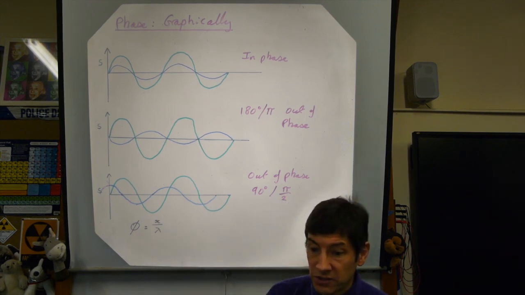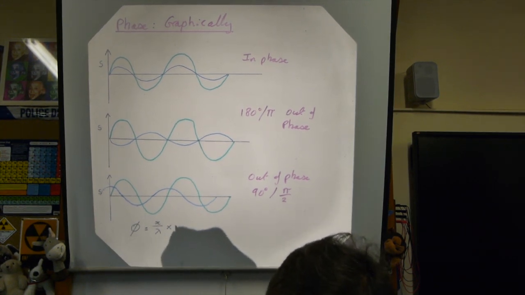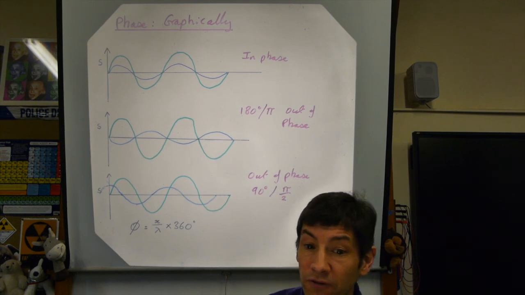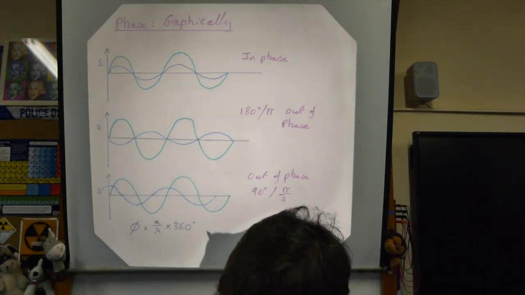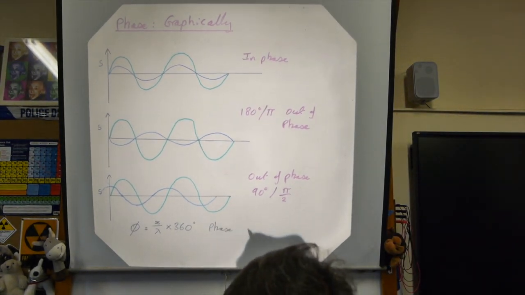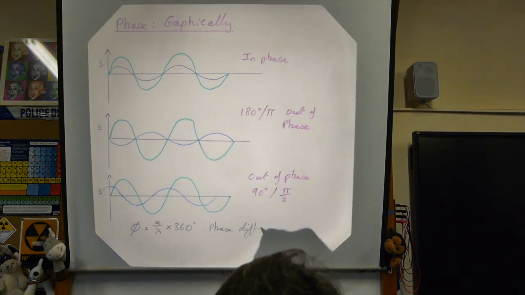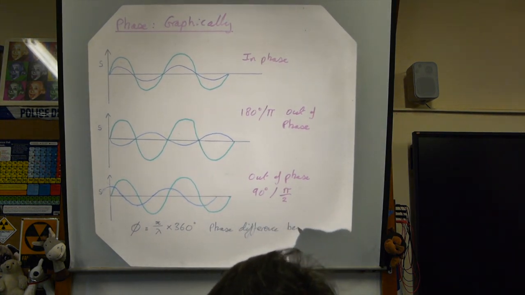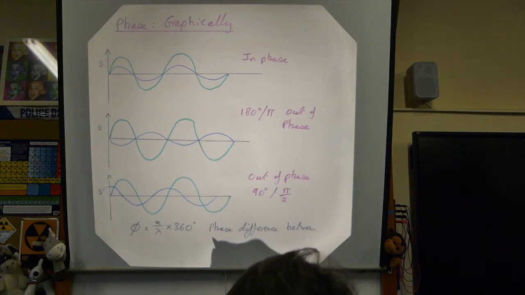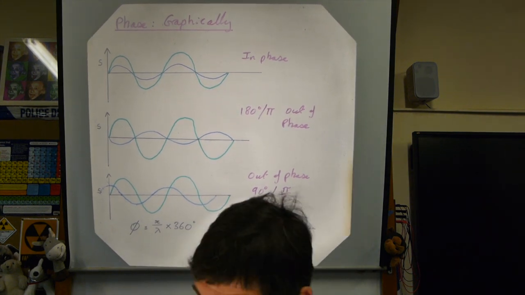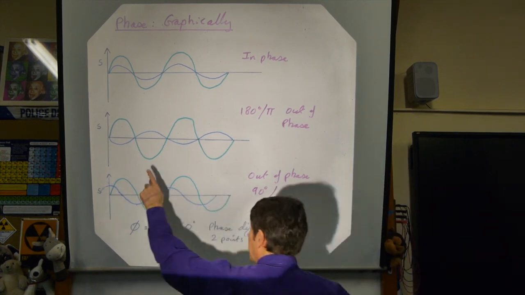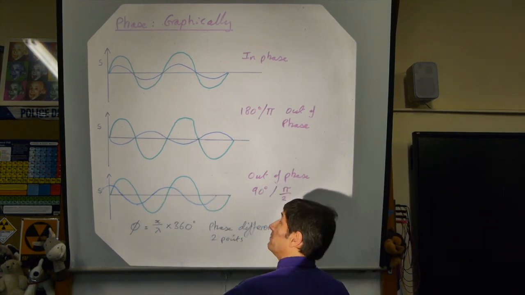In other words, that is your phase angle, or more importantly, the phase difference between 2 points that you're looking at. Now remember that those 2 points can be on different waves here, or they can be this easy, yeah?